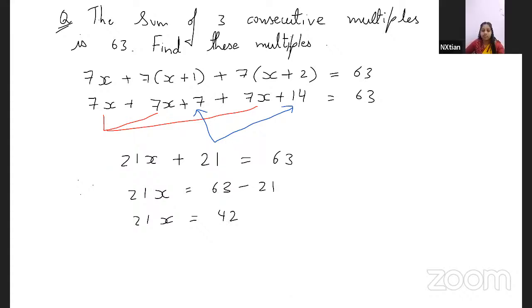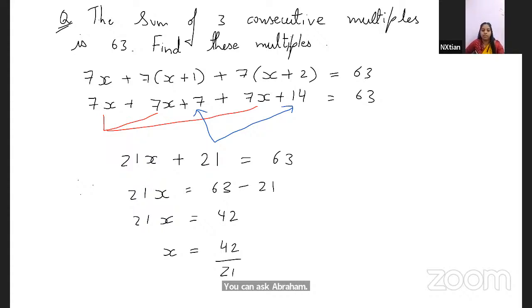Yes, Abraham. You're audible. What is it? x equals 2, ma'am.